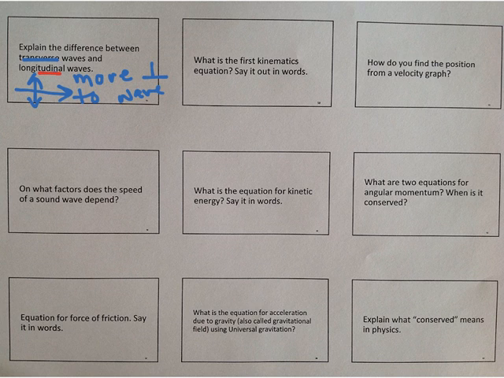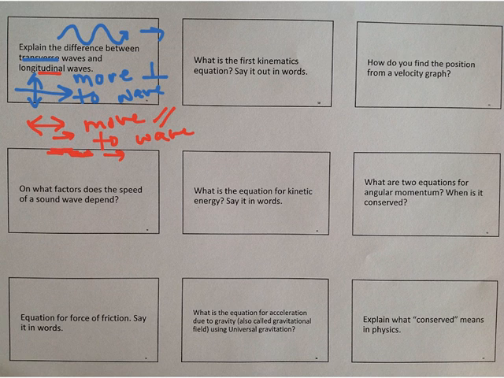Longitudinal waves move parallel to the wave. What I mean is, in your transverse waves, the medium goes up and down, but your wave ultimately travels left or right. Your longitudinal waves are like your slinkies, where the medium would go back and forth, and your wave ultimately was going in the same direction as them.